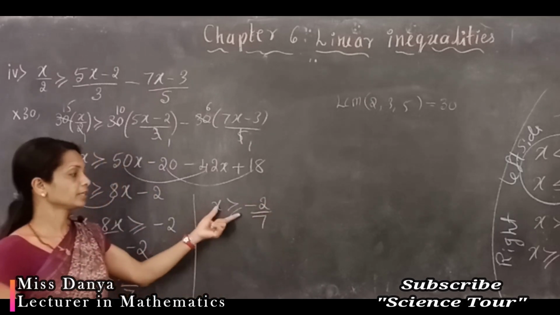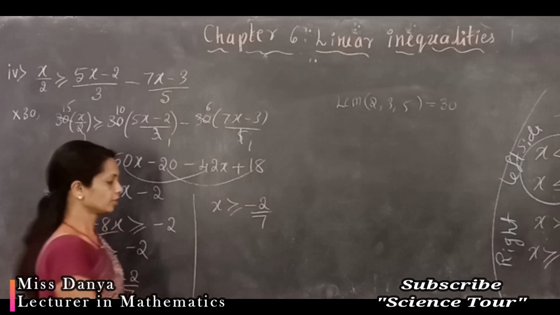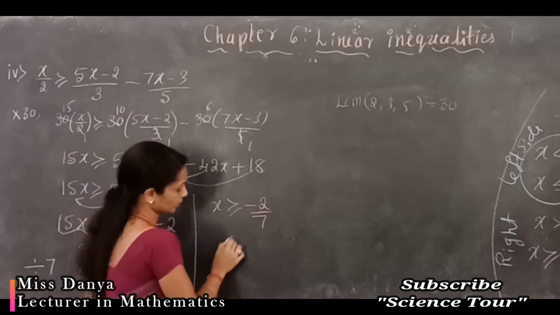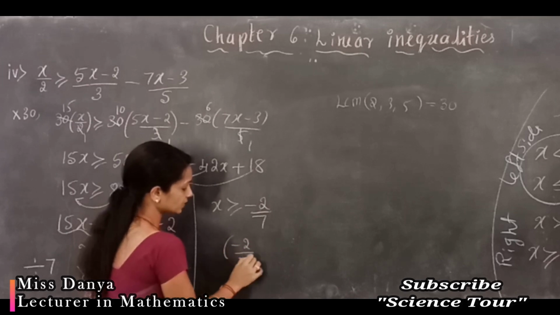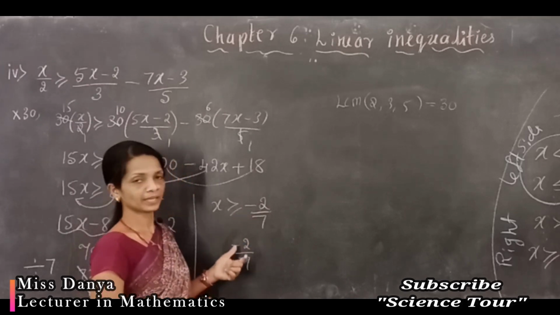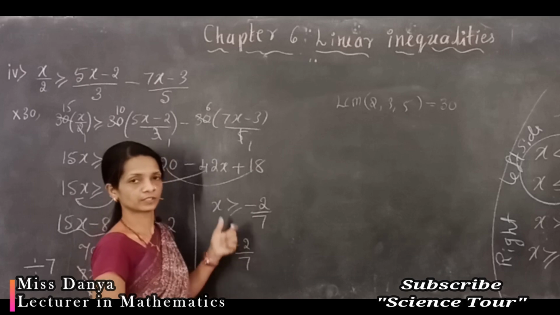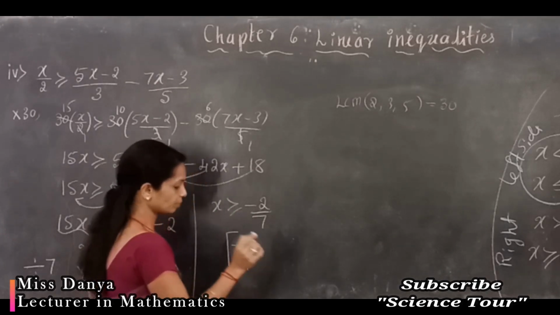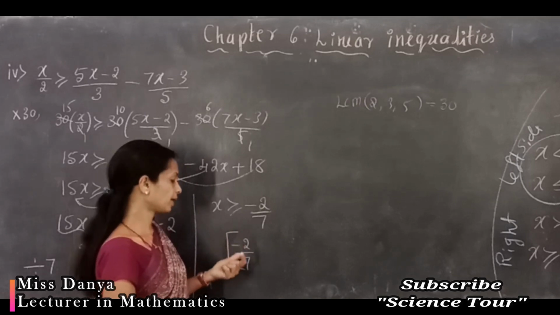Since you got greater than or equal to some number, you write that number first in the interval, that is minus 2 by 7. Which bracket do you use? Since it is a slack inequality, you use a closed bracket on the minus 2 by 7 side.